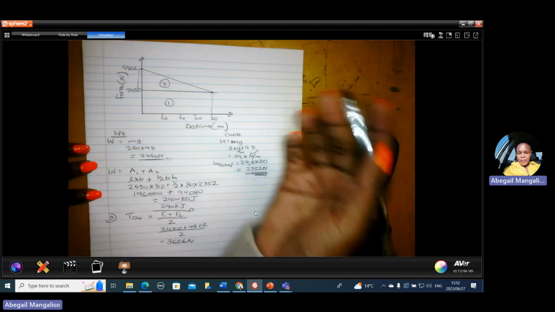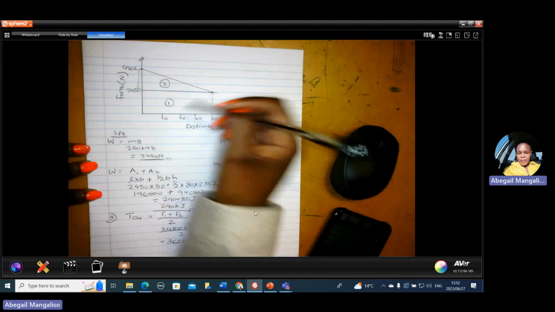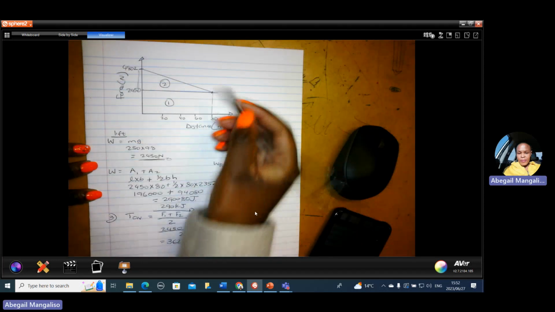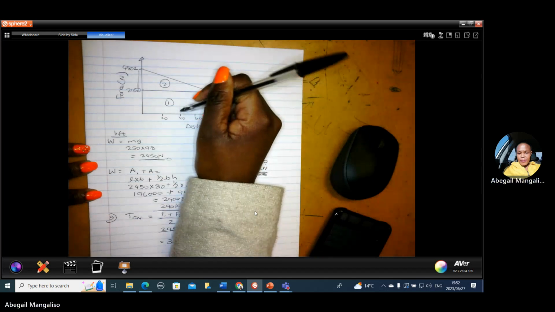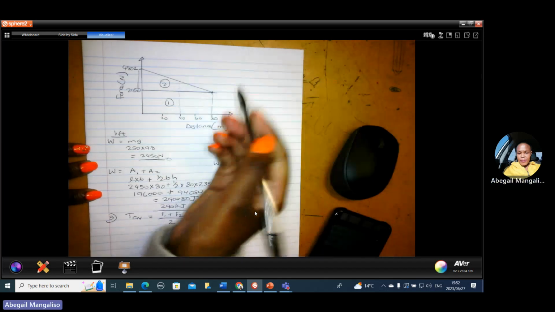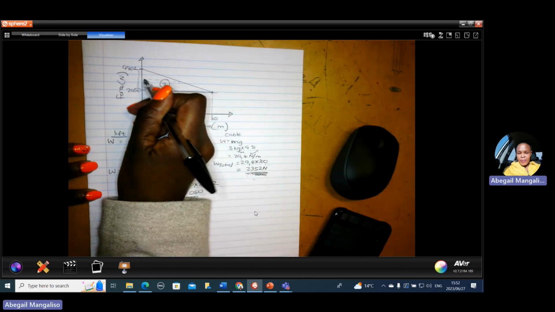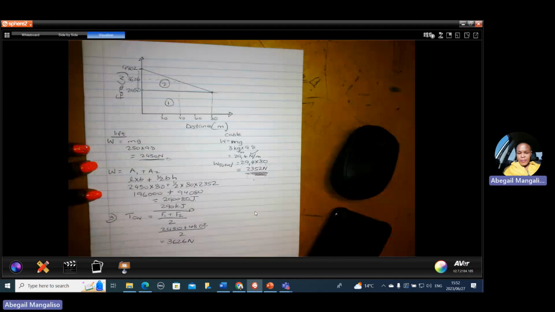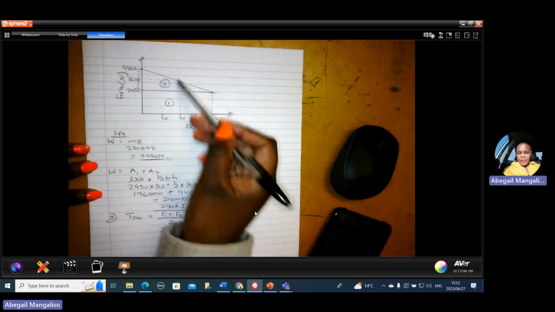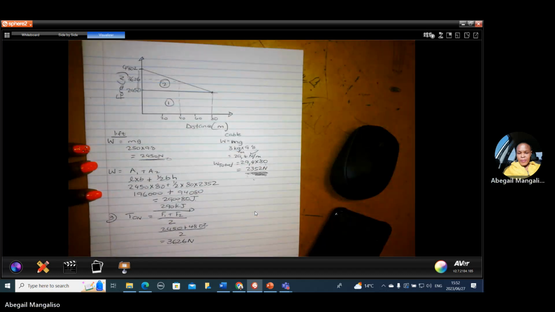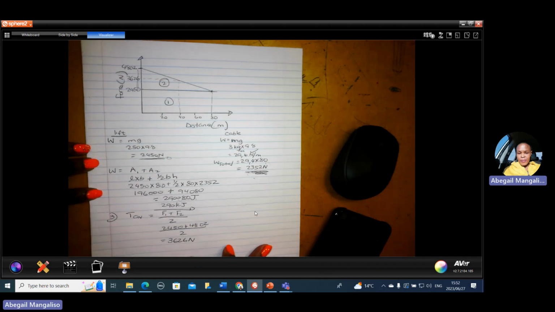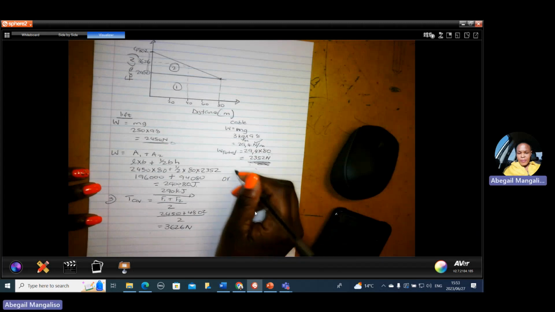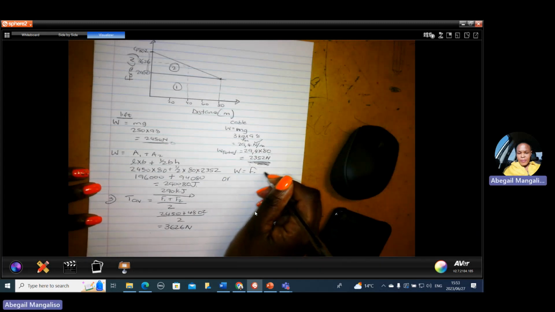Now, if a question says show it on the graph, on the distance side, the average would be 80 divided by 2, which is equal to 40. Then it will correspond with this value on this side, which is 3626. So this is the average at this point. Now you can calculate work done using the average, because work done is force multiplied by distance.